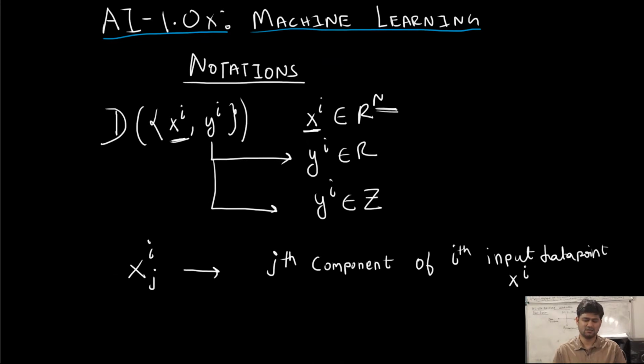In some cases, we'll use x subscript i to denote the ith data point. But whenever we use this, we'll make it explicitly clear in the lecture itself to avoid any confusion.